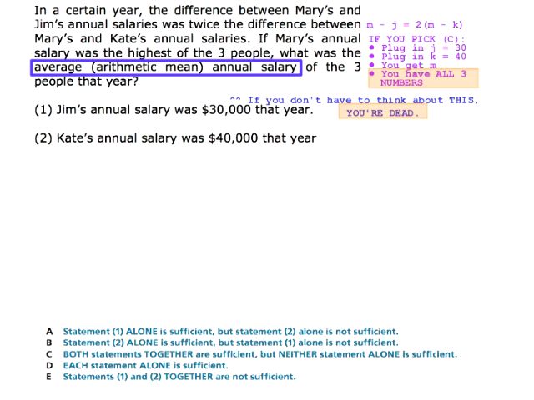Once you get used to the way these problems work, you'll know this. You should expect not to find all 3 numbers. If you're a veteran of these data sufficiency problems, you'll know that this is how they work.